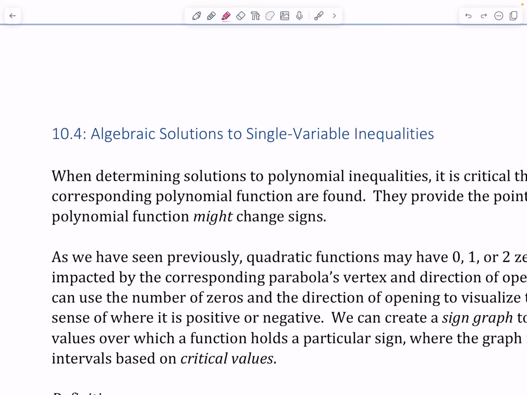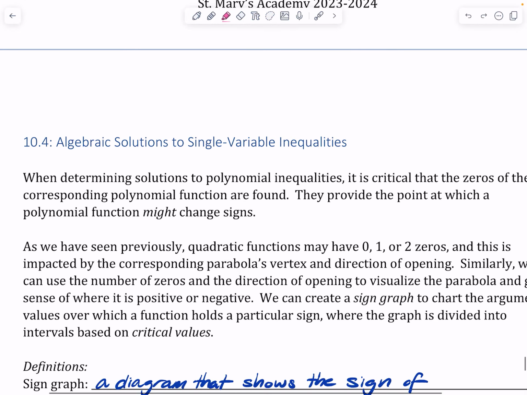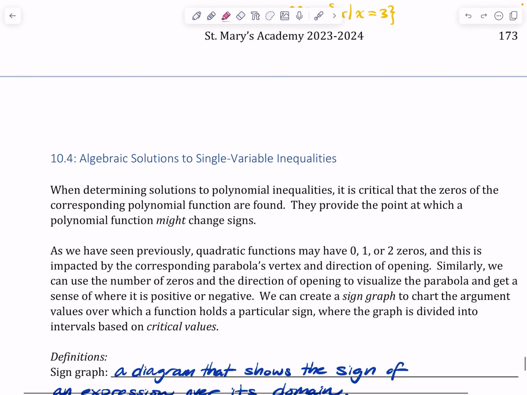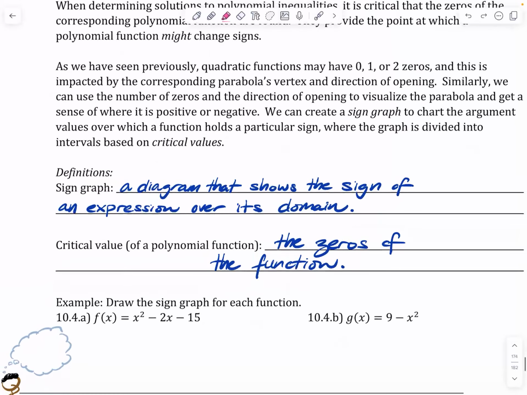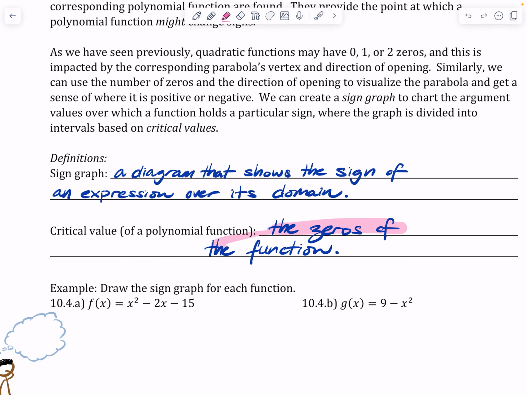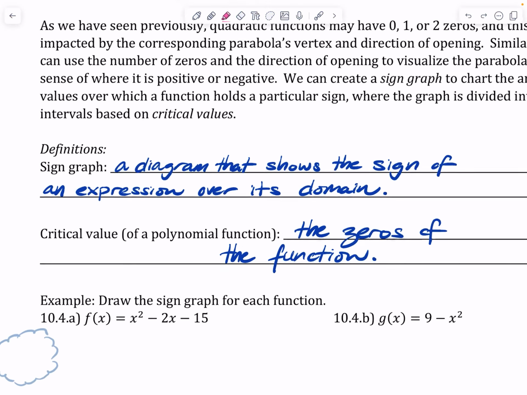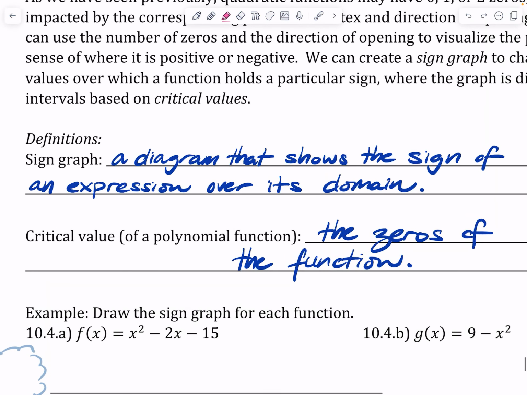When we are solving those, we're going to find some things called critical values. Critical values are essentially the zeros of a function. The reason why they are critical is perhaps how they pertain to the x-intercepts of the graph.